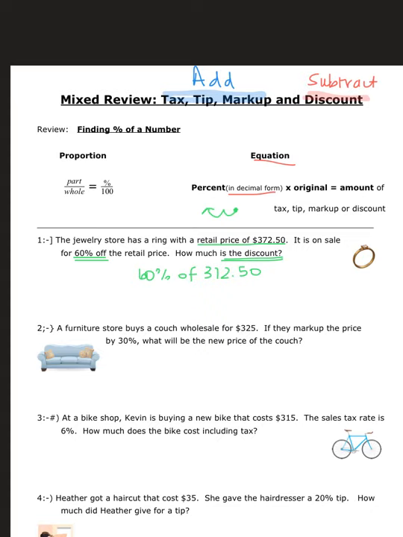Now, change your percent to a decimal. Decimal here, 2 places left. That gives me 0.60 times $372.50, and that would end up with $223.50. It's only asking for the discount. That's the amount of discount, so that question is done.